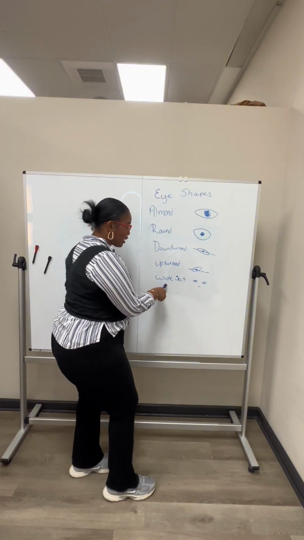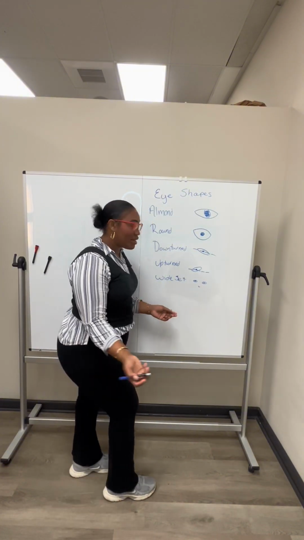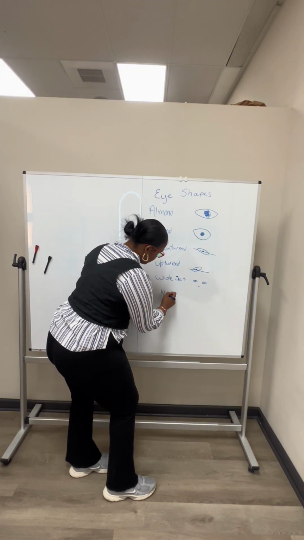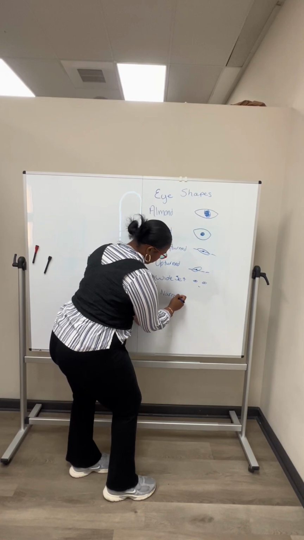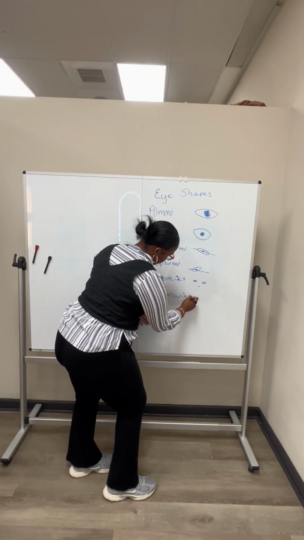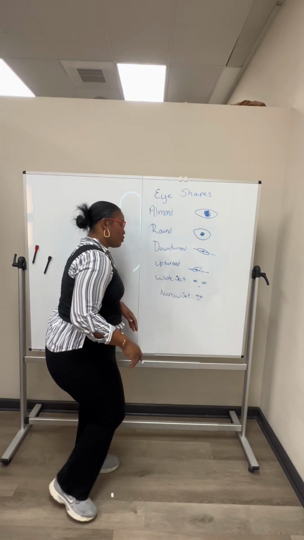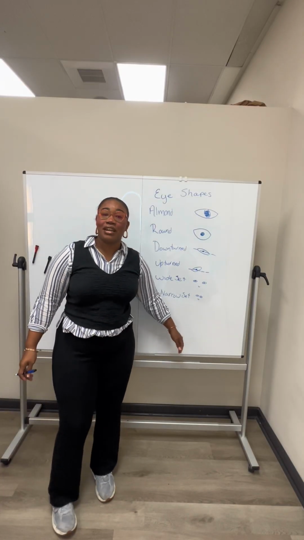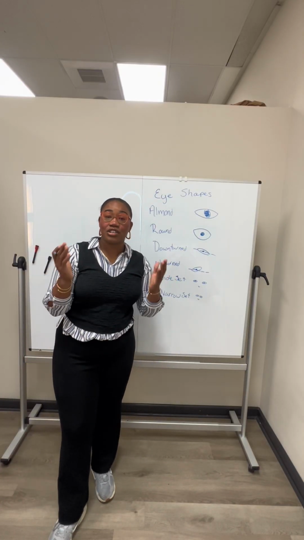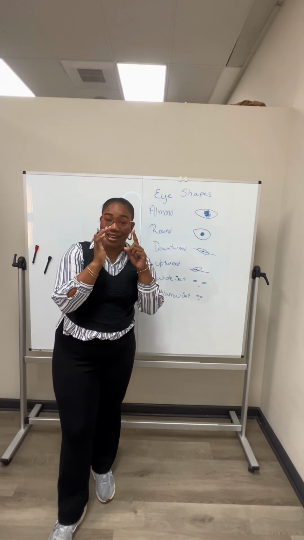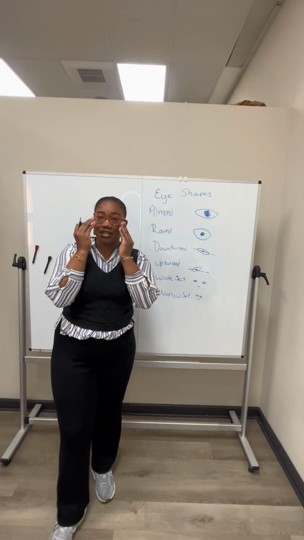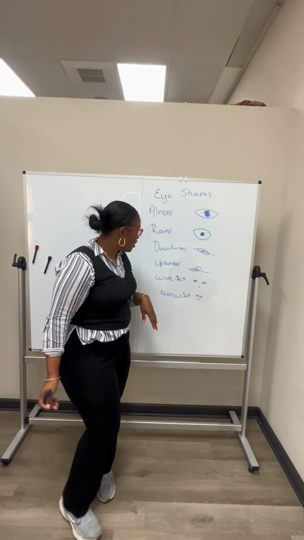And then, like I said, with wide set, you also have a narrow set. With a narrow set eye, the eyes are closer than the length of one of their eyes, and they sit close on their face.